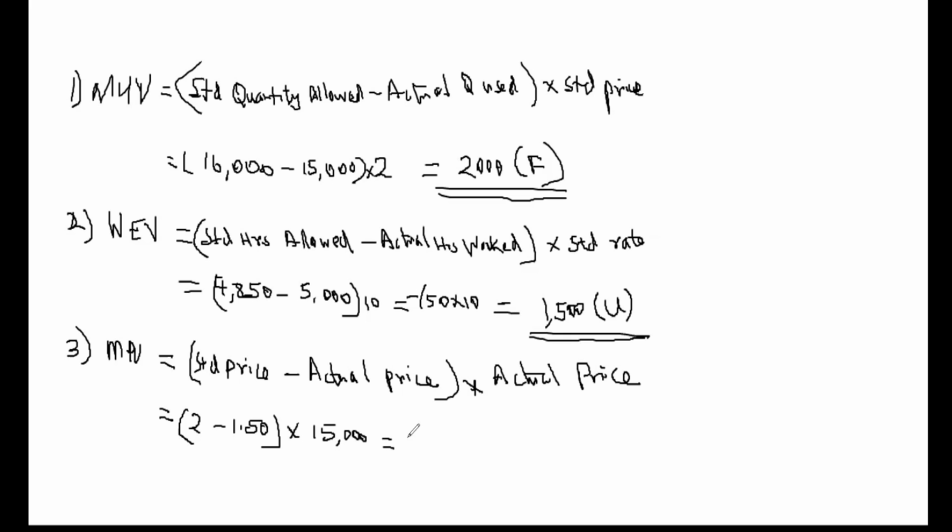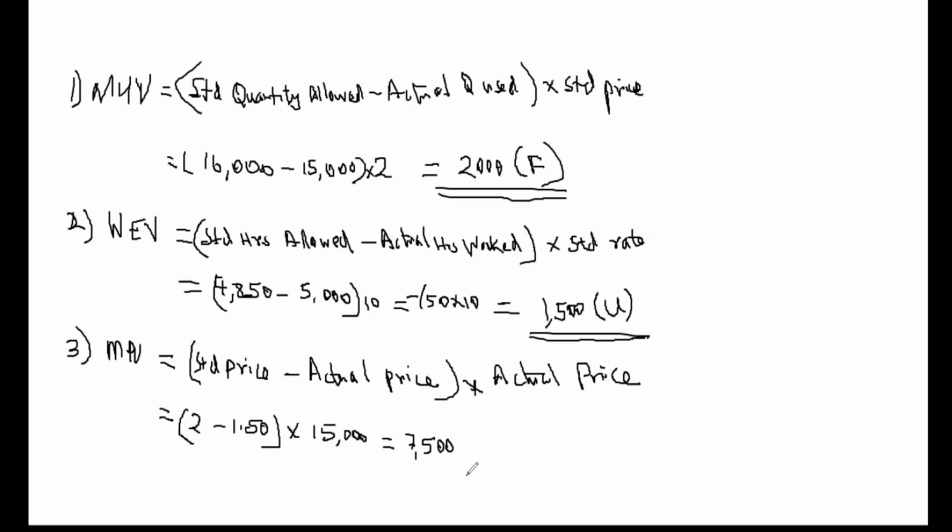7,500. Is that correct? Yes, you have to open the bracket first by getting this from 2, which is 0.5, and then times 15 is just half of 15. So is this favorable or unfavorable?